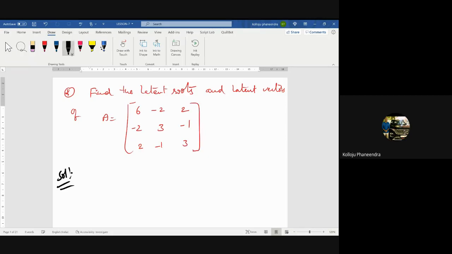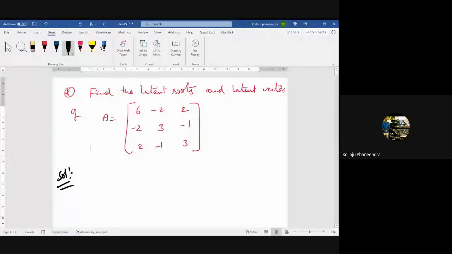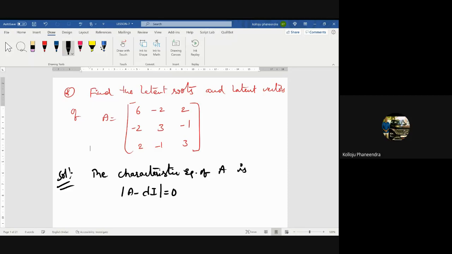Solution. To find the eigenvalues, first we have to consider the characteristic equation of the matrix A. The characteristic equation of A is determinant of A minus lambda I equal to 0.